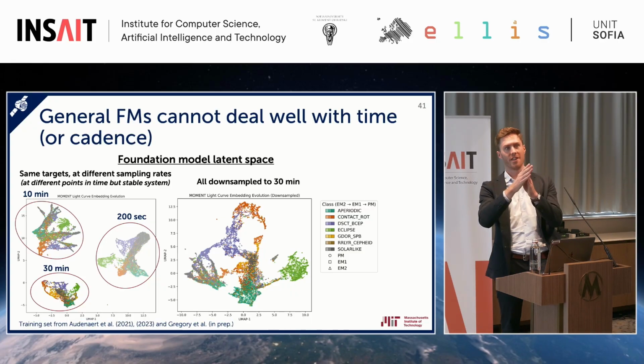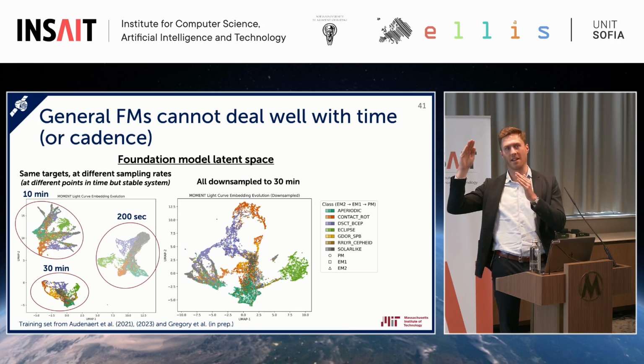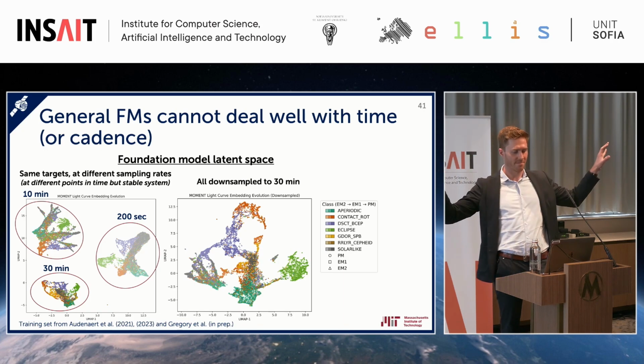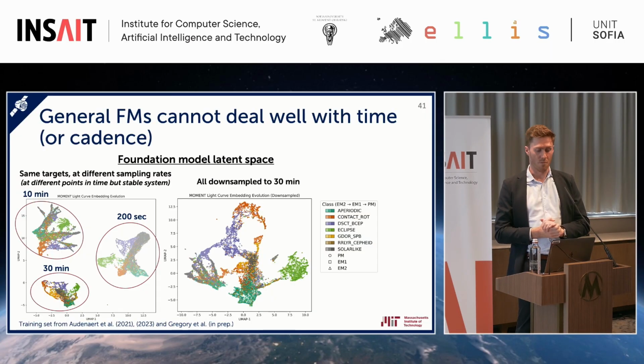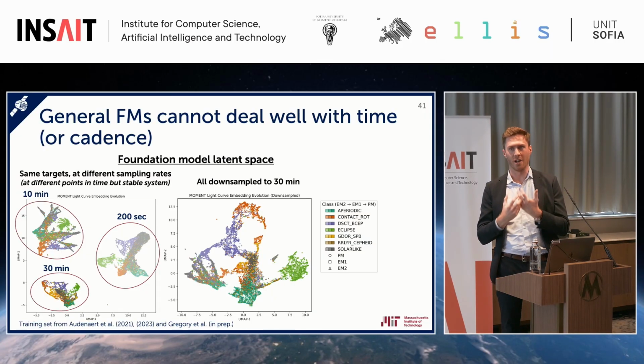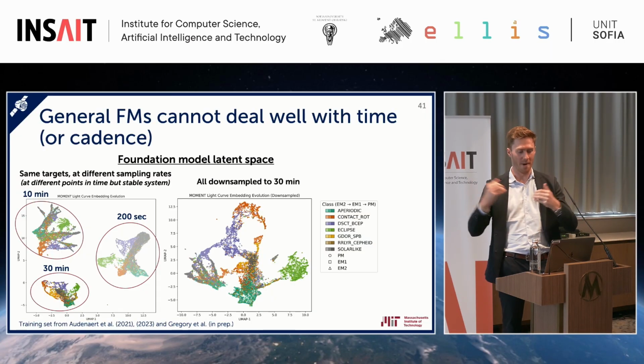So you're just observing that same target, but at a different sampling rate. The model just separates them out in different parts. And this is something that really needs more improvement, because for the same target, you want to make sure that your model actually combines all of this data together in the exact same latent space.